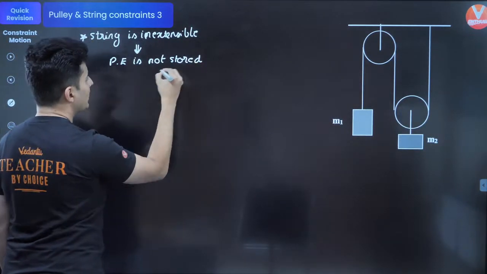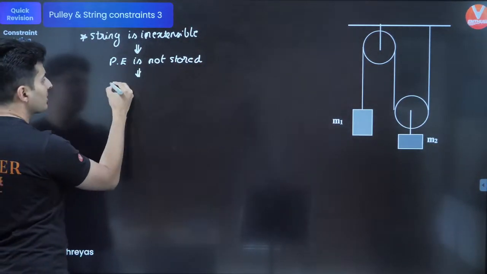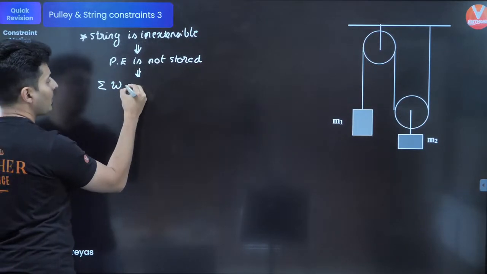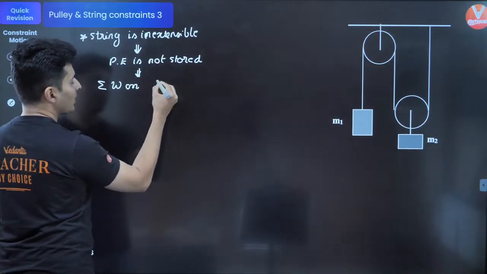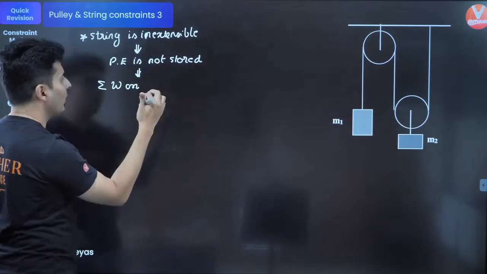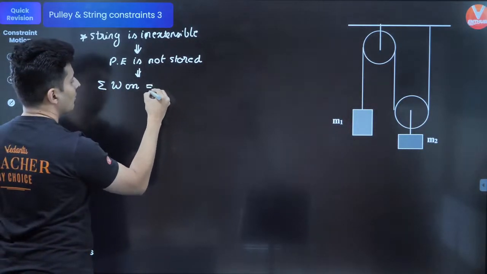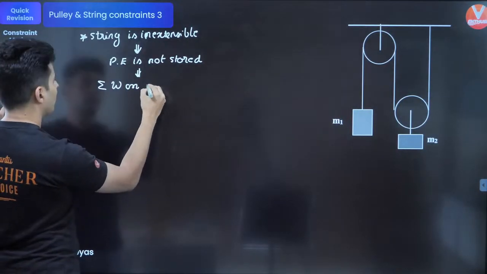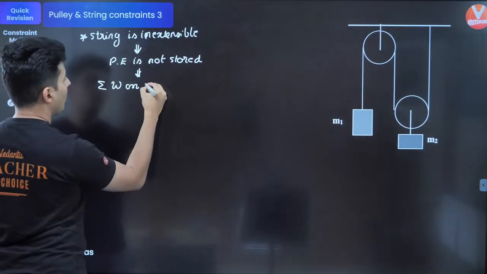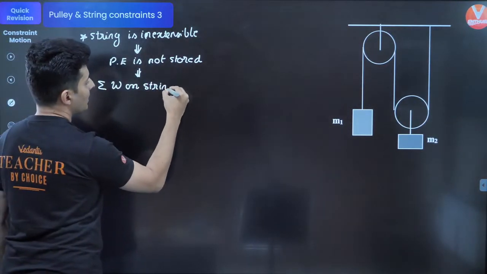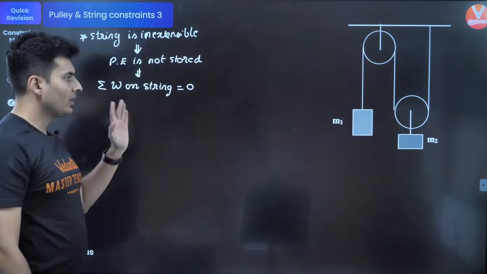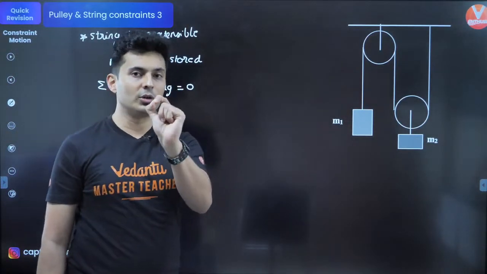And if there is no potential energy stored in it, that means the net work done on the string, or work done by the forces acting on the string, is going to be 0.